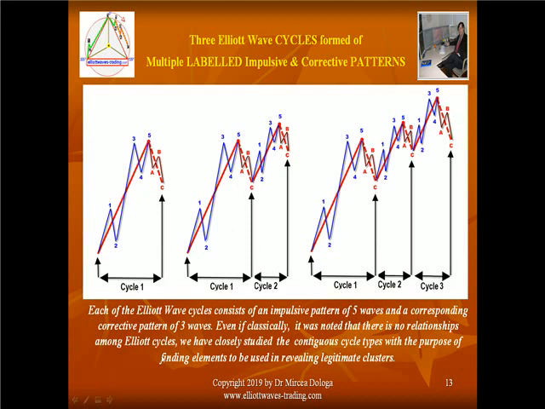Each of the Elliott wave cycles consists of an impulsive pattern of 5 waves and the corresponding corrective pattern of 3 waves. Even if classically it was noted that there is no relationship among Elliott cycles, we have closely studied the contiguous cycle types with the purpose of finding Elliott relationships to be used in revealing legitimate clusters.